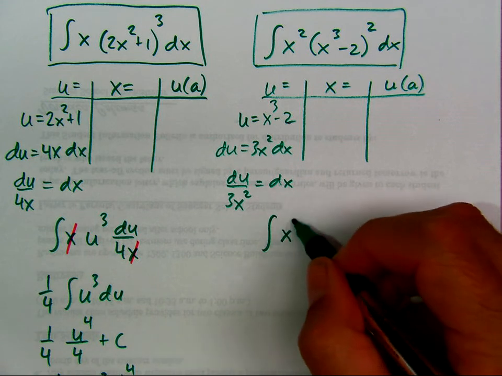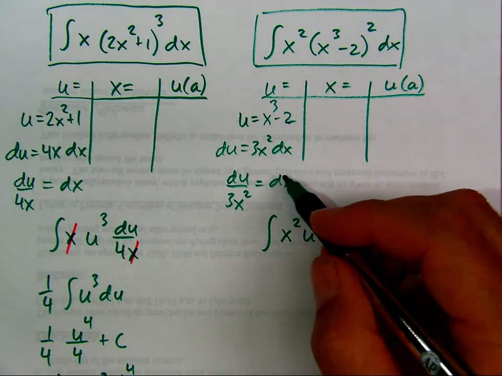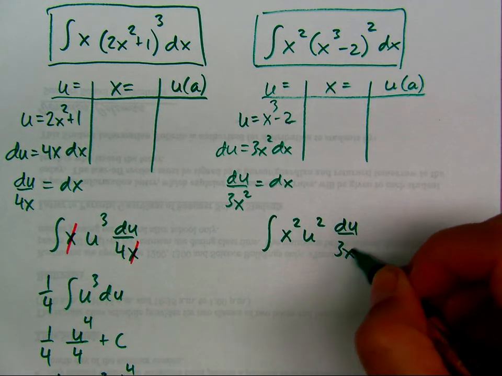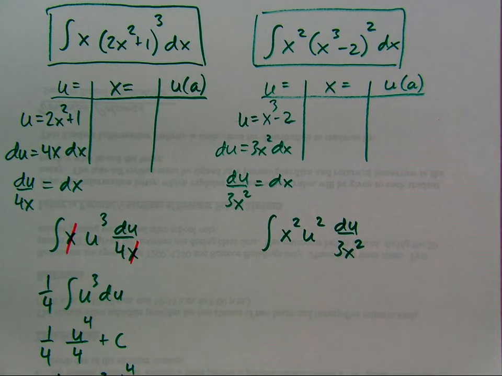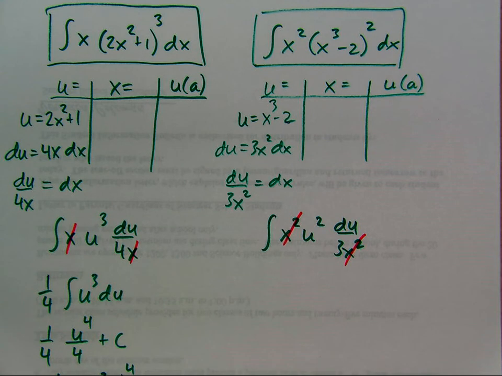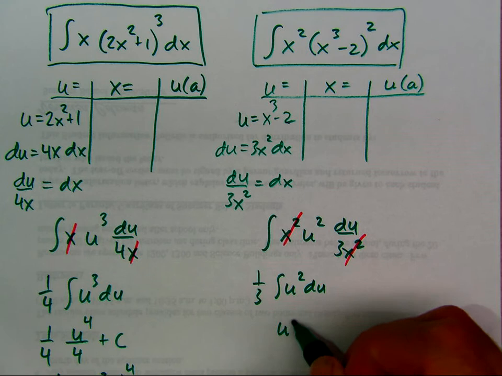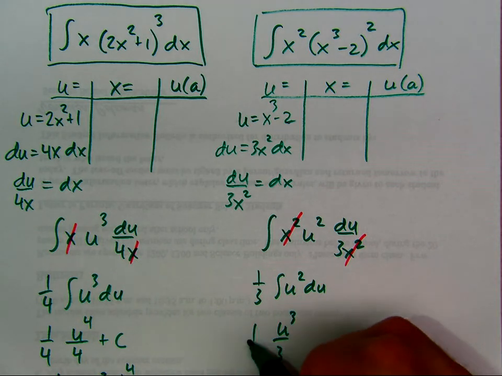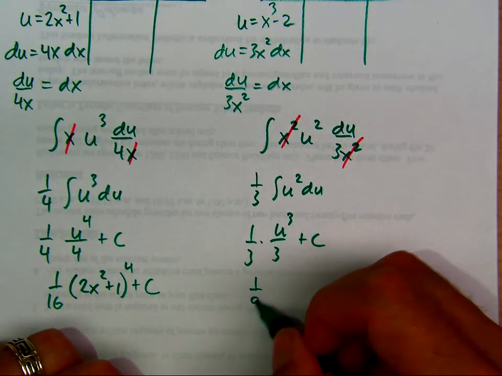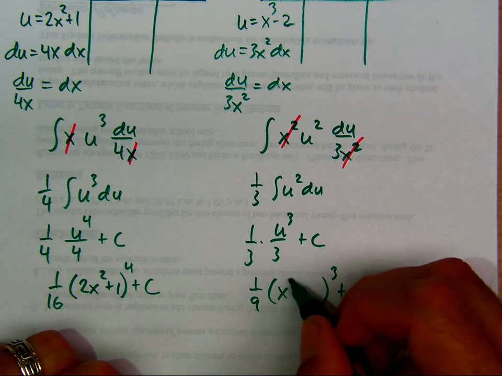So we have x squared, u squared. We replace this with u, and then replace dx with du over 3x squared. The x squared cancels, and we have 1/3 integral of u squared du. Add and divide. So we have 1/9 u cubed plus c, and u is x cubed minus 2.